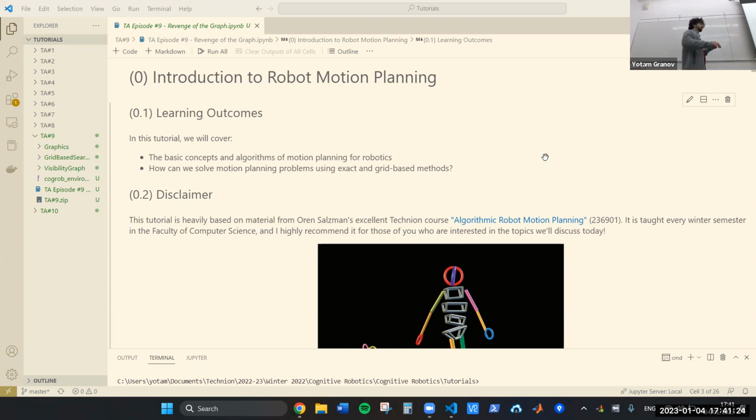In this tutorial we're going to discuss exact methods for motion planning and some discrete, grid-based methods. Next week we'll discuss more motion planning, specifically sampling-based methods, which are my personal favorites. The week after that, we will discuss integrated task and motion planning. Once we learn motion planning, having already learned task planning, how do we combine these two?